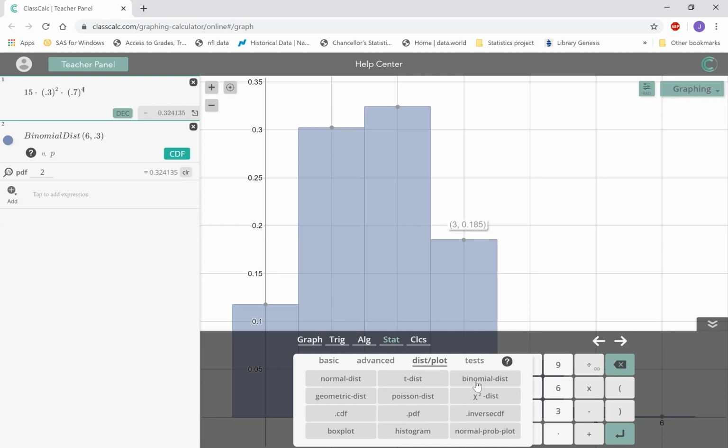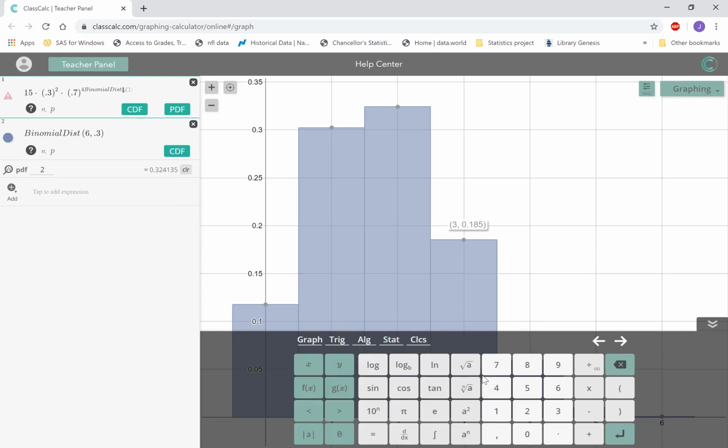And then right here where it says binomial distribution, you click on it. Oh, not very good like that. But yeah, that's how you get to binomial. All right, so let me switch back to my iPad.